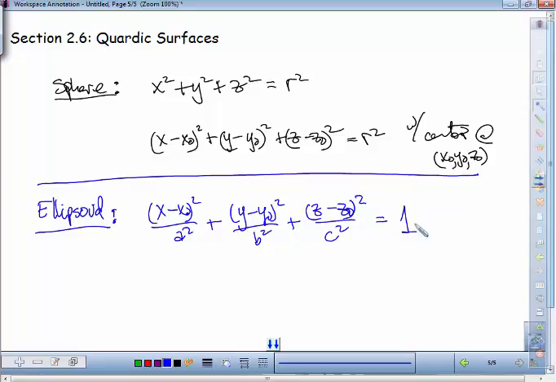So if x naught, y naught, z naught are 0, 0, 0, then your ellipsoid is at the origin. And then your A, your B, and your C are how far it would stretch out along the x-axis, along the y-axis, and along the z-axis. Okay?